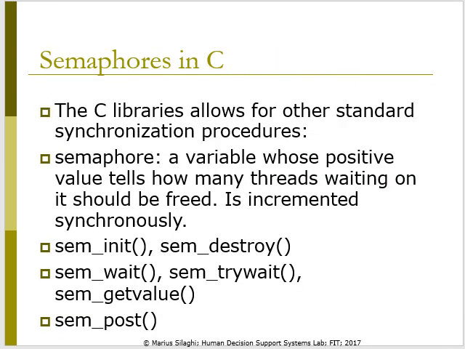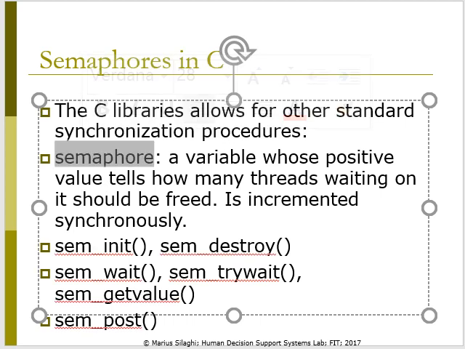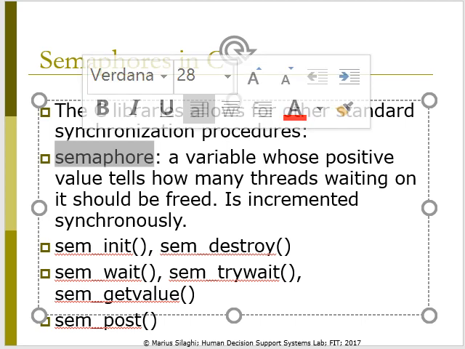C has additional libraries and mechanisms. One of the most important, besides mutual exclusions, are semaphores. A semaphore is a variable whose positive value tells how many threads are waiting for the semaphore to be freed.